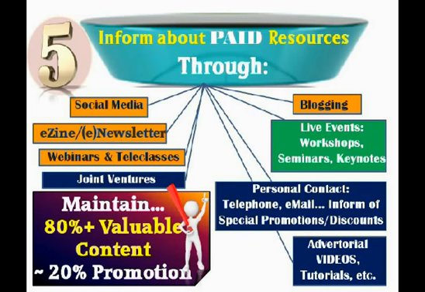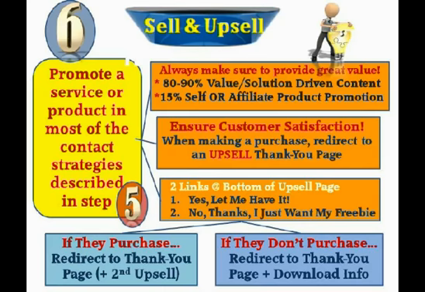All right, number 6. Now, if they click on that offer, and we talked briefly about this earlier, if they click on your offer in your email, so you promote a service or product in most of the contact strategies described in step 5, and then if they click on any of those, you make sure that 80-90% value solution-driven content, about 15% self or affiliated product promotion.